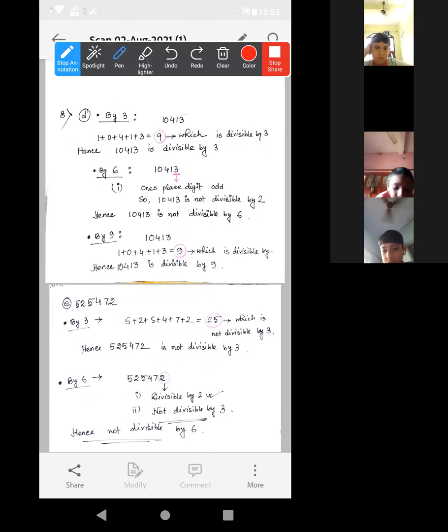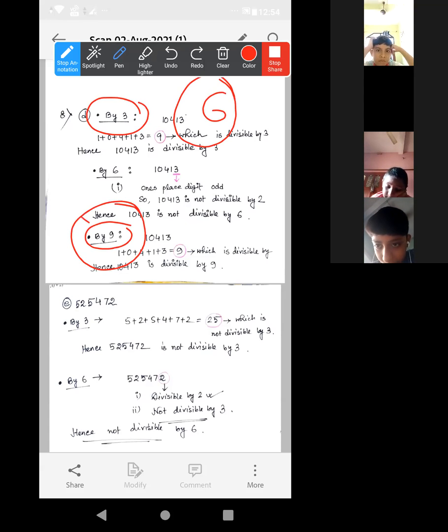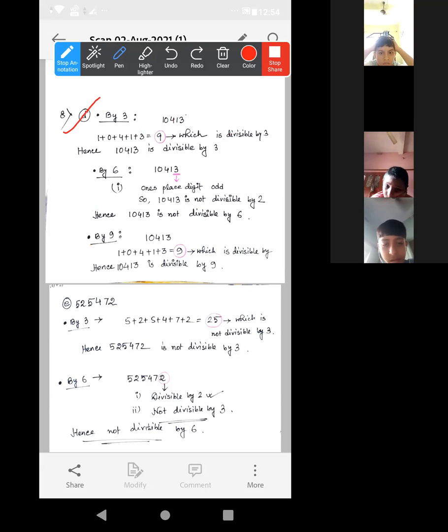But the reverse: suppose a number is divisible by 3, it doesn't mean that it is also divisible by 9. For example, 6 is divisible by 3, but it is not divisible by 9. But here we are not going to follow that process, just the normal rules of divisibility. We have to check it.